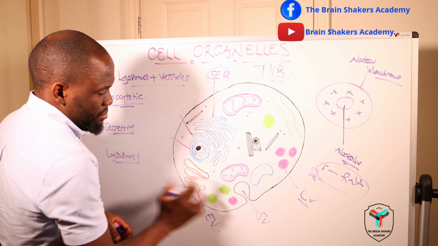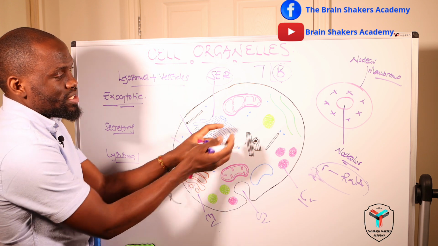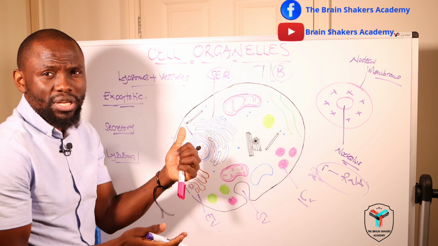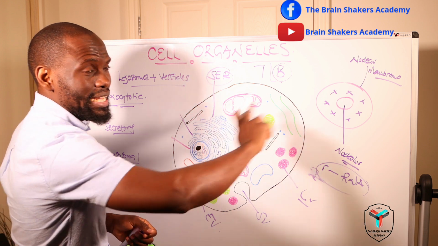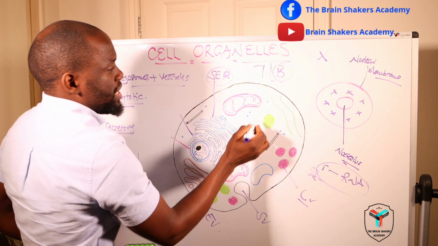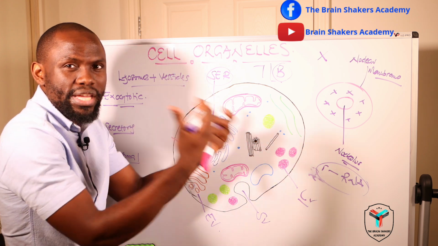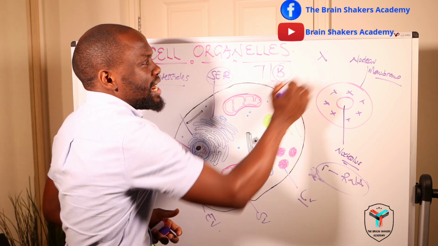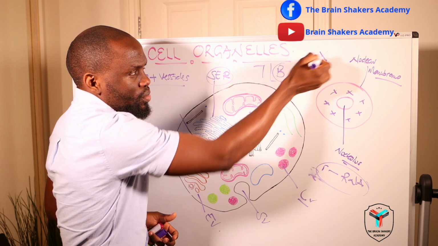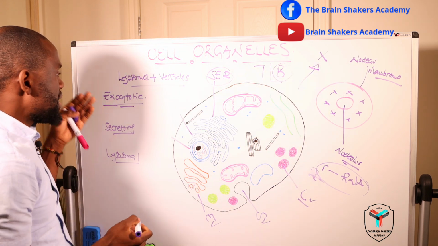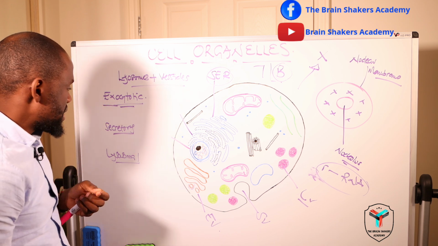Now, if this is a B cell and it wants to produce those antibodies, it does not require the antibodies itself, but it has been stimulated or has been given information that these antibodies that you do produce are needed in a place called place X, meaning that it will have to produce those antibodies, package them into an exocytotic vesicle, and then have them out of the cell until they reach the target area, which is place X, for them to actually work. That will be a process of the use of exocytotic vesicles.